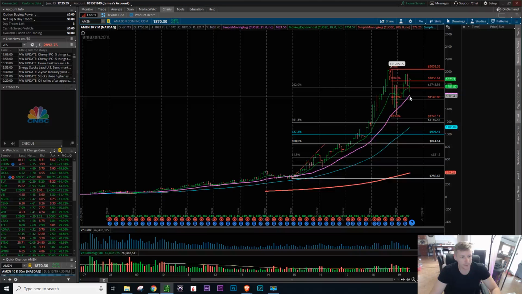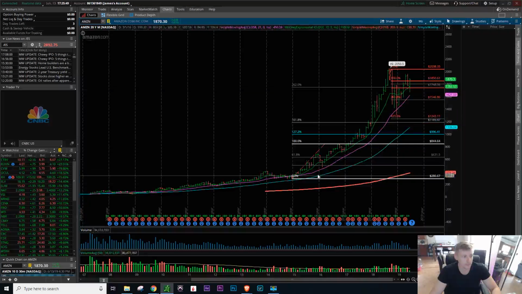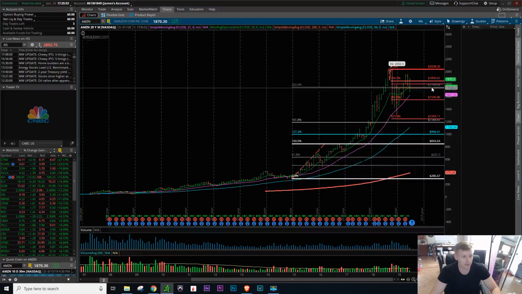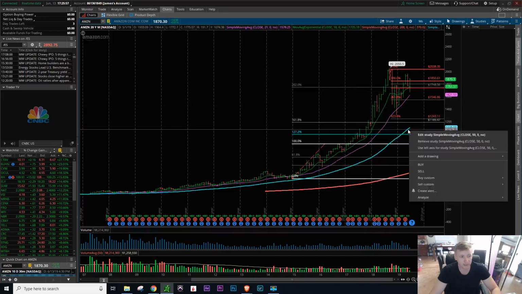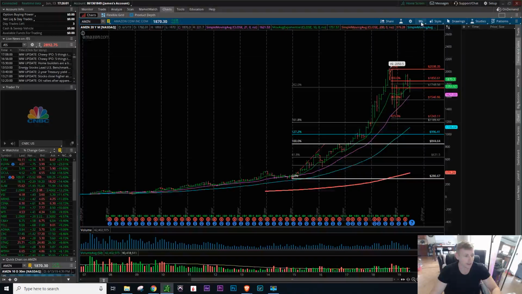But to be able to risk on a monthly close or even a weekly close below the 21 period simple moving average in Amazon on the monthly, right? I wouldn't want to really be hanging around too much after that, because that could mean the trend is done. It could also mean that it's going to go and test the 50 SMA on the monthly.